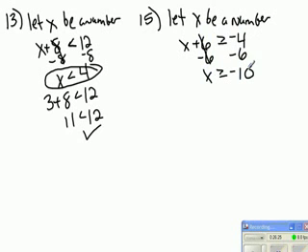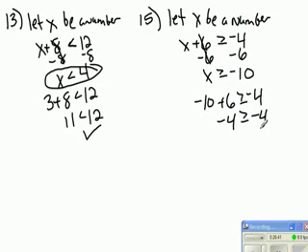So x is greater than or equal to negative 10. So I need to pick something greater than or equal to negative 10. I'm going to use negative 10. Plug them into the original equation. Negative 10 plus 6 is negative 4. And that is greater than or equal to negative 4 because it is equal. So that means my answer was correct. And that is the end of lesson 6.1.